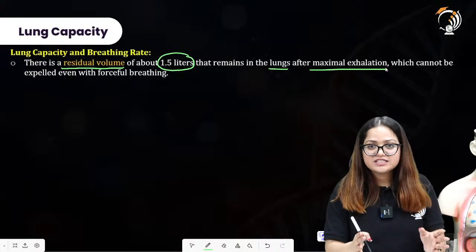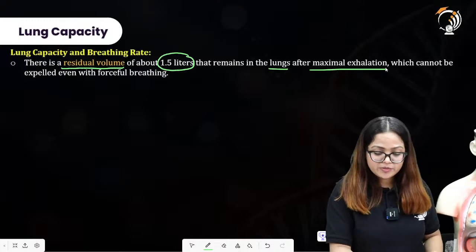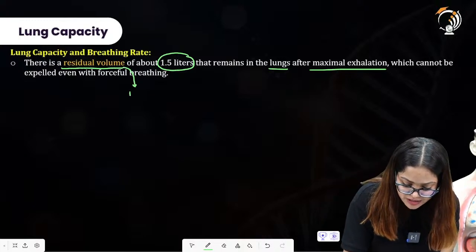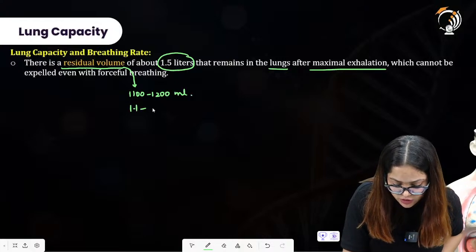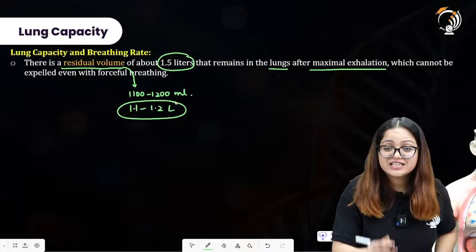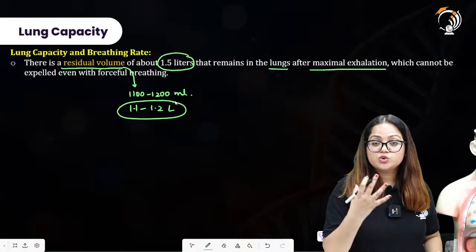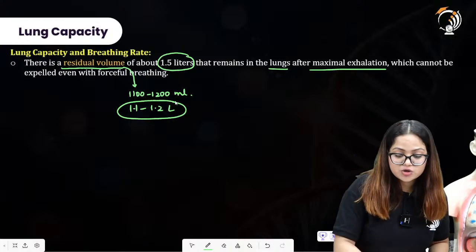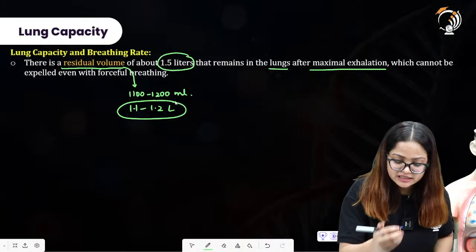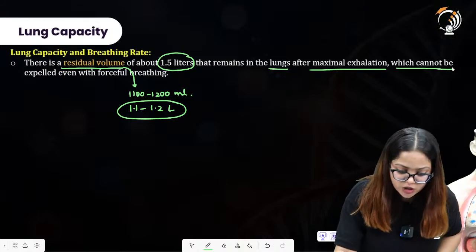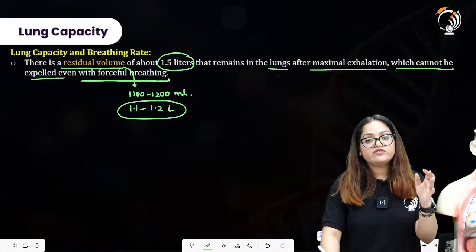The exact volume is not in your syllabus, but let me tell you that it is approximately 1100 to 1200 milliliters, or 1.1 to 1.2 liters of air, always present in your lungs. Even if you exhale to your maximum potential, this air remains inside your lungs. That's why it is called residual volume, which cannot be expelled even with forceful breathing. You cannot remove this air from your body.